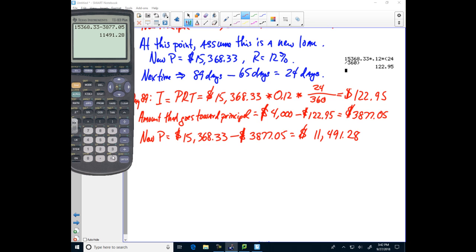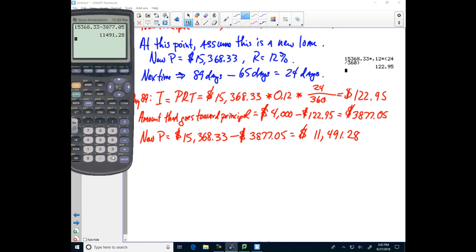Everybody okay with that? Everybody okay? So that was his second partial. He doesn't make any more partials, does he? So now this is the only time we can actually consider that 120 days, because that's the only thing that's left.